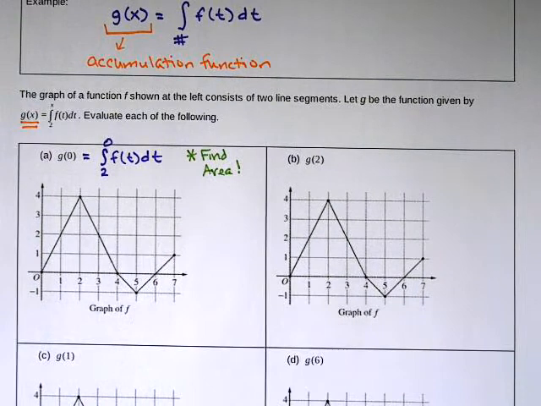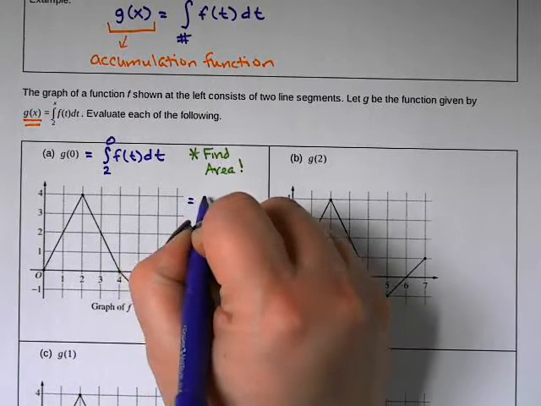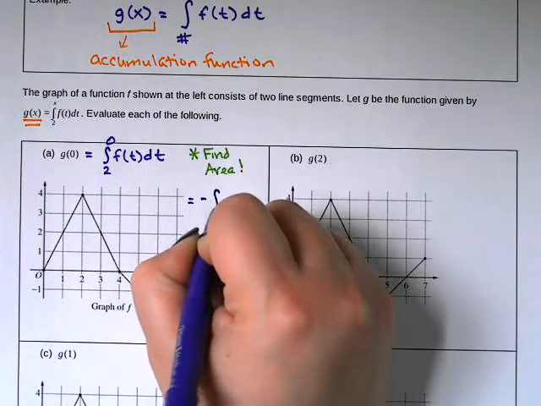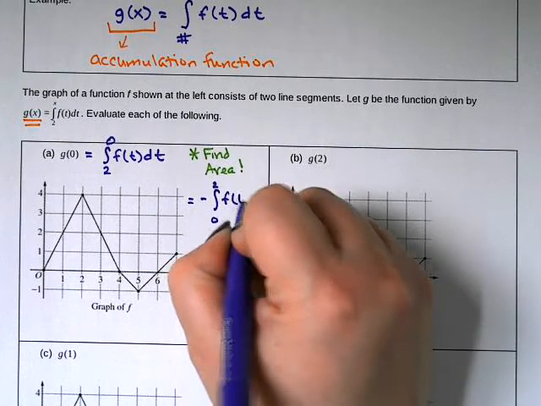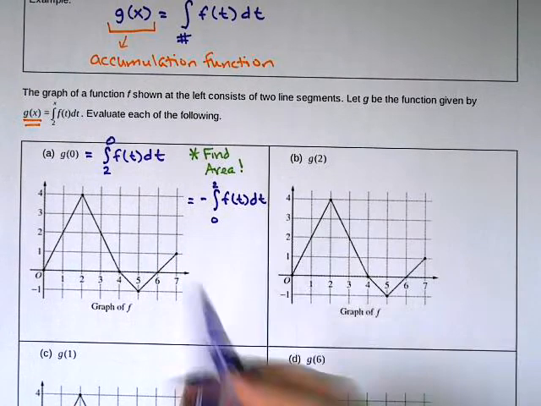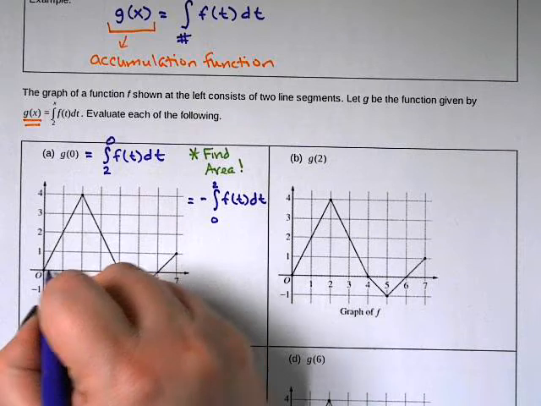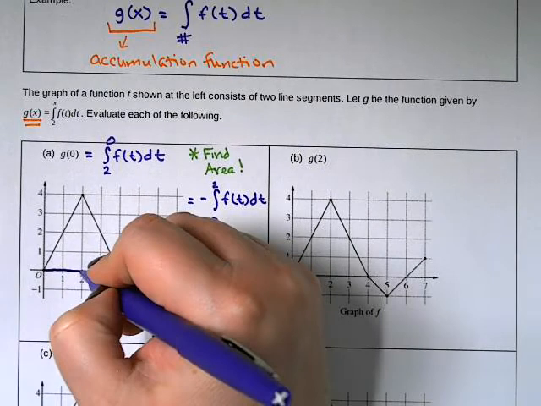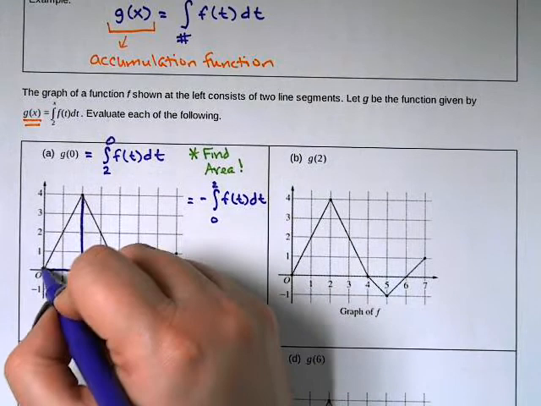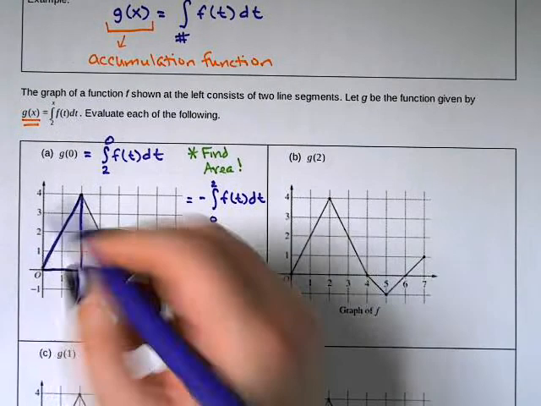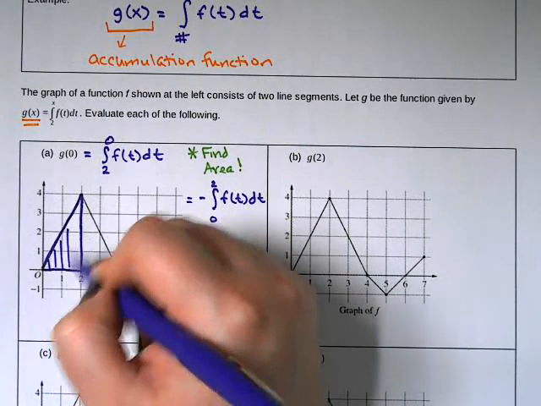So hopefully you guys can recognize that that integral is backwards. So I'm actually going to start by writing negative integral from 0 to 2 of f of t dt. So let's see, 0 to 2 means from here to here. So I want this area that's trapped between the curve and the x-axis. So it's this triangle right here.